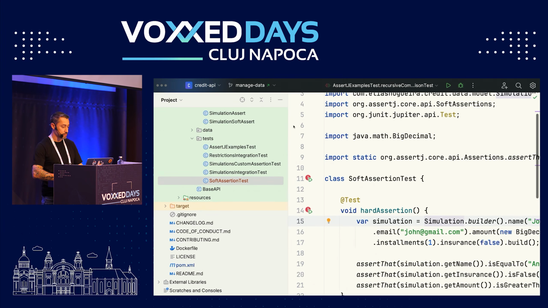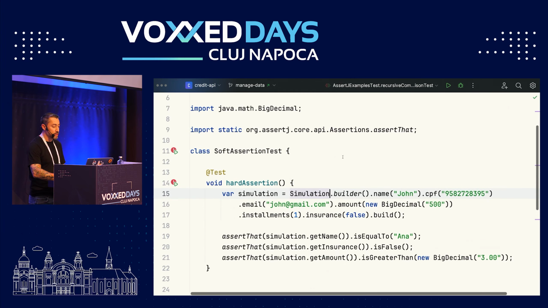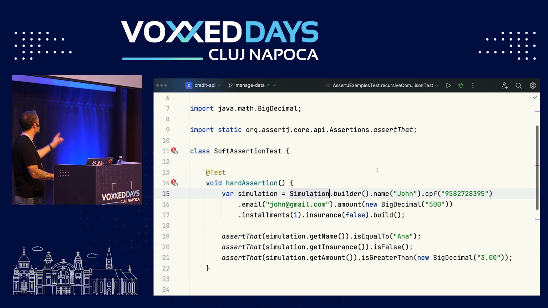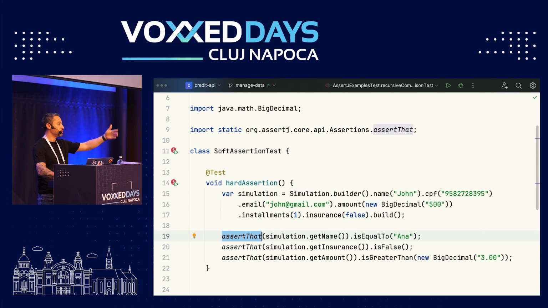Simulation here. So this is an example of a hard assertion. What I have here is the same thing, a simulation object, with some data. A hard assertion is basically an assertion per item you check in the code. So I have 3 hard assertions: one to see if the name is equal to Anna, if the insurance is false, and if the amount is greater than 3.